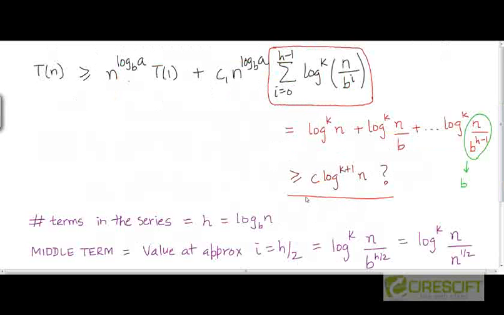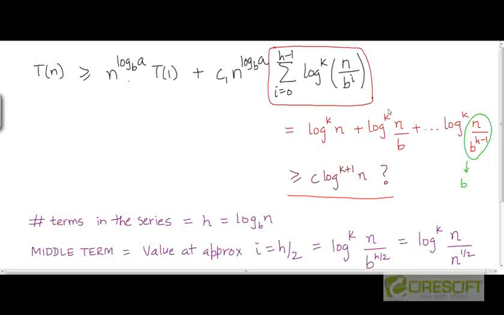So how do we go about proving this? Well, if we expand this series, the first term of the series is log to the power k of n. That's the term we obtain by plugging in I equal to 0. B to the power 0 is 1, so the first term will be log to the power k of n. The second term will be log to the power k of n by b to the power 1.